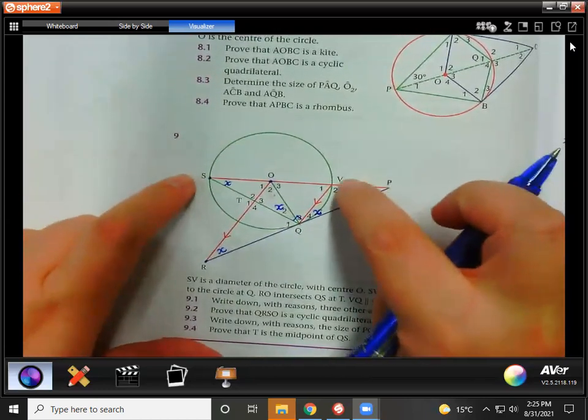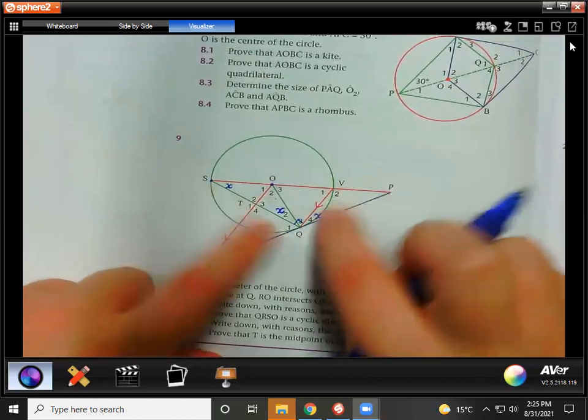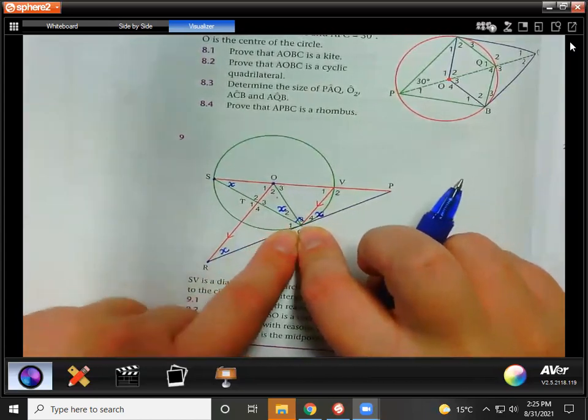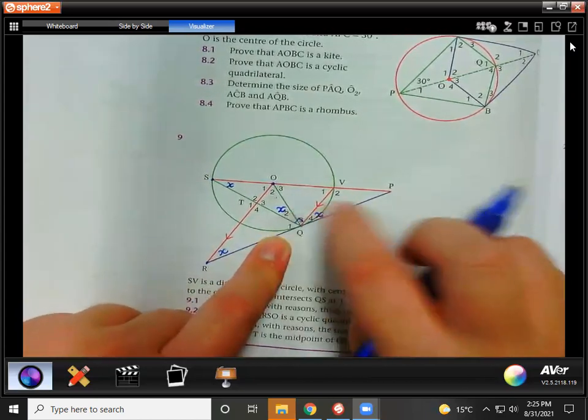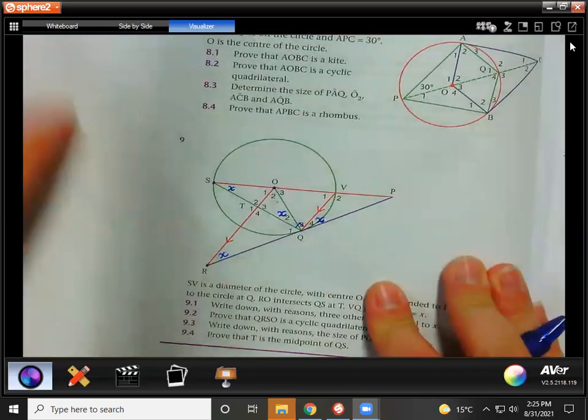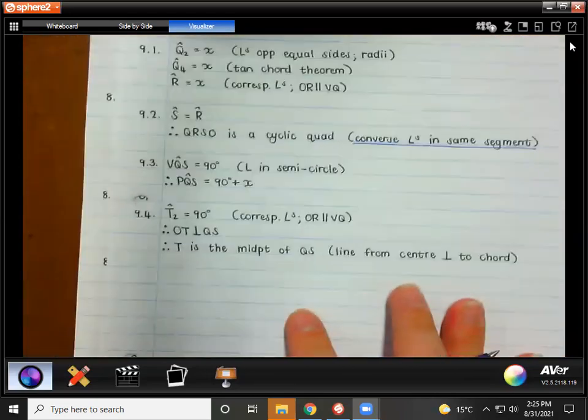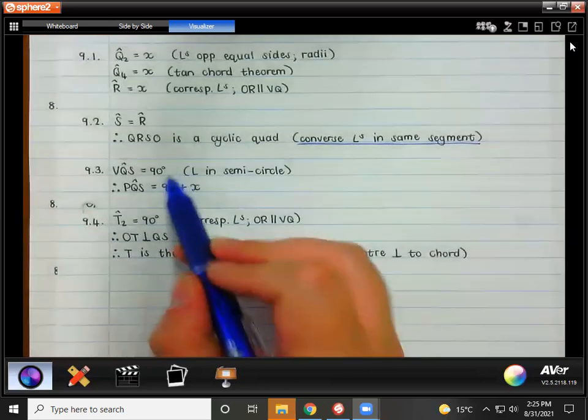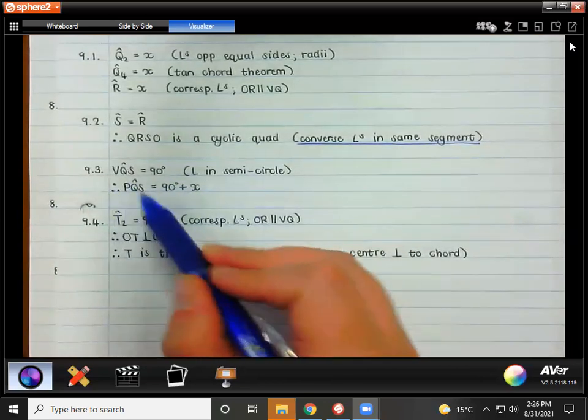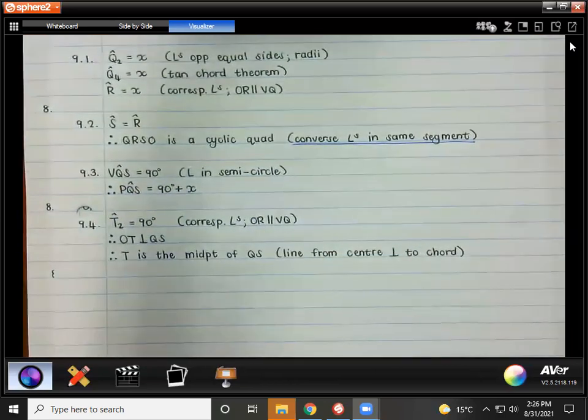Right, so because VQS is 90 degrees, angle in semicircle, and that is X, the whole angle is 90 plus X. Okay, that was 9.3. VQS is 90 because of angle in semicircle, therefore the whole angle is 90 plus X. You don't need a reason for that, that's literally just adding two angles together.